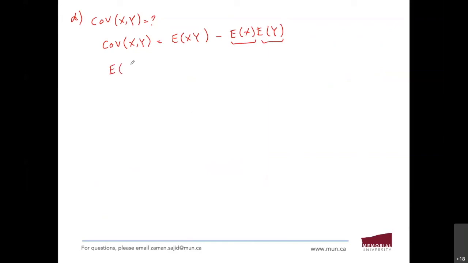Your expected value of X is equal to X times the marginal probability of X, and we sum up over all X values. For Y, we have Y times the marginal probability of Y, and we sum up over all values of Y. And this term, we also defined it last time.